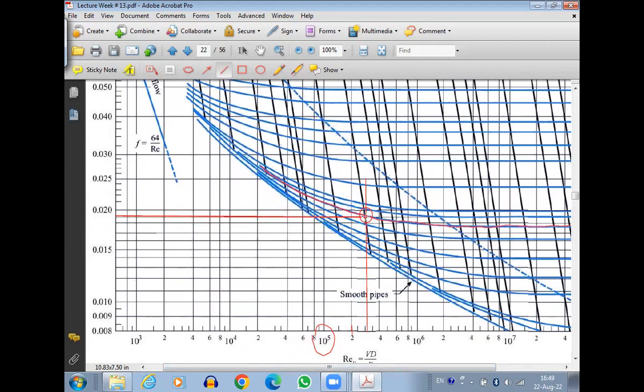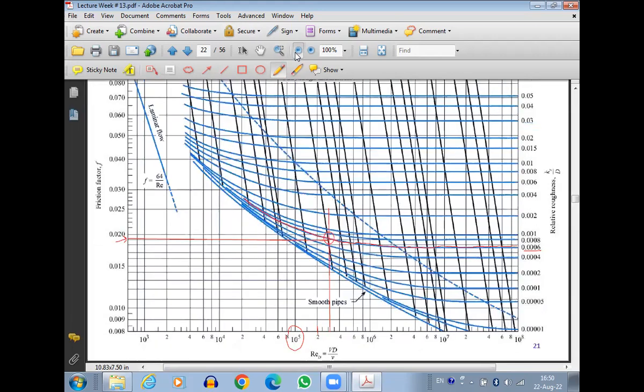Horizontally it will be here. So this will be the friction factor here. This is 0.02, but it is one line below 0.02, the 0.015, 0.016, 0.017, 0.018, 0.019. So friction factor comes out to be 0.019. This is how we have done it using the Moody chart.